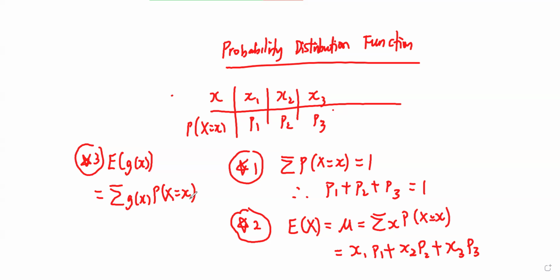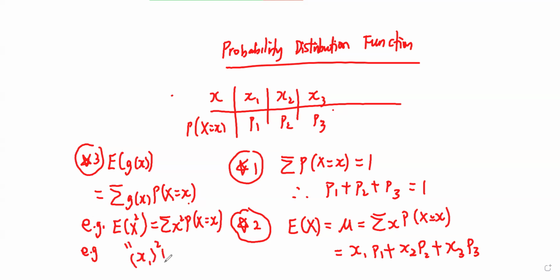For example, if I need to get the expectation of x squared, it will be equal to the summation of x squared multiplied by its probability. In this specific context, the expectation of x squared will be x1 squared multiplied by p1 plus x2 squared multiplied by p2 plus x3 squared multiplied by p3.